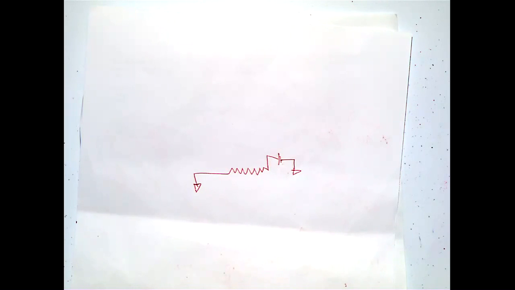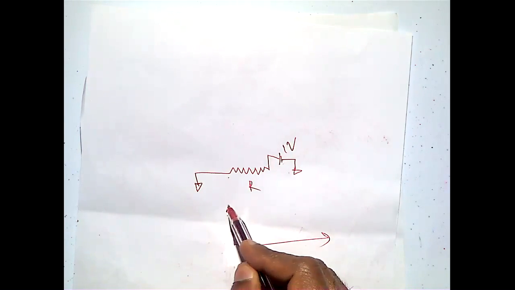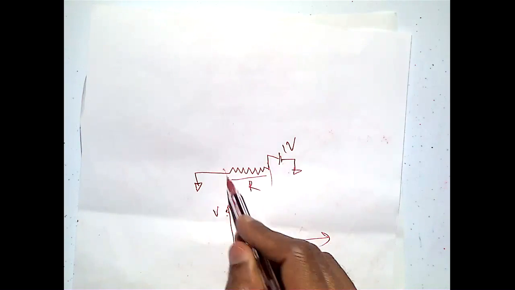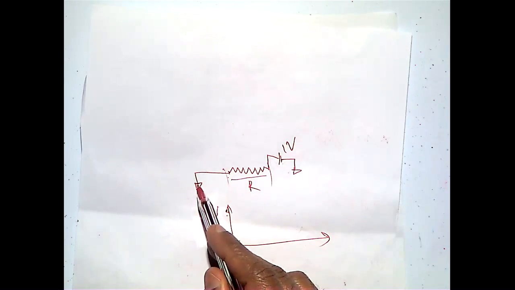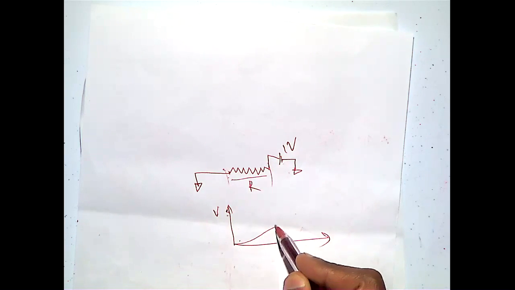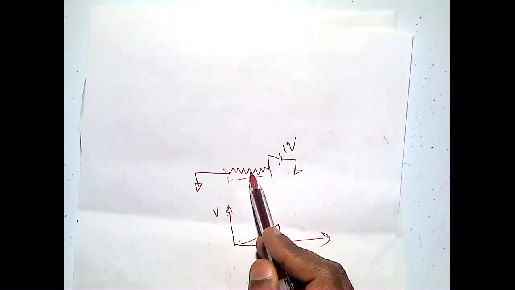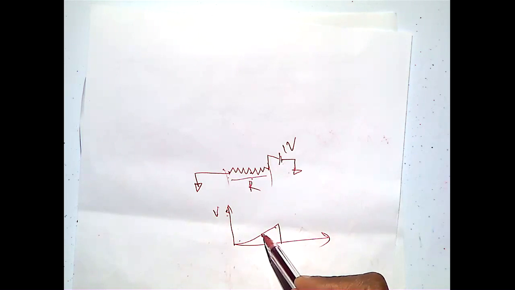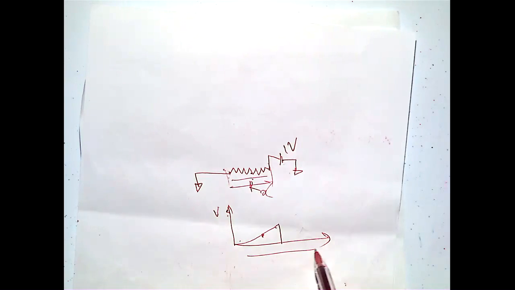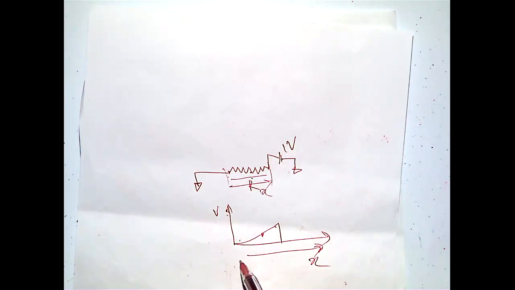That is our channel, and what I am plotting is the voltage across this resistance. Definitely this point will be 0 because this is ground, and towards this point it is 1 volt. If I measure the middle point with respect to ground, you get 0.5 volt. This is the distance x, up to here.